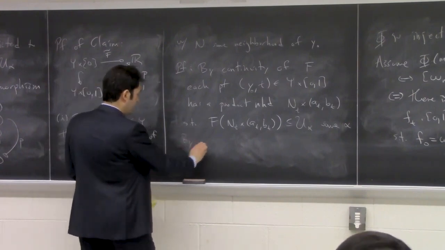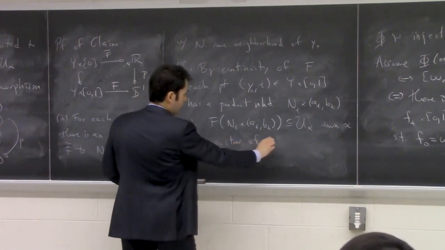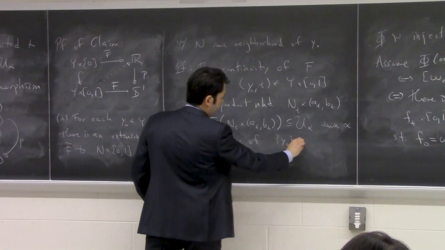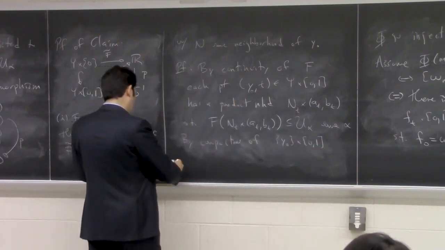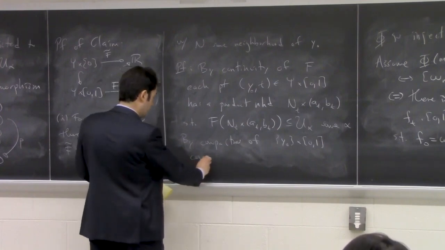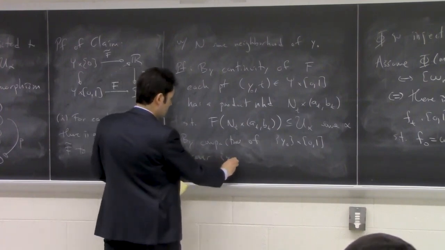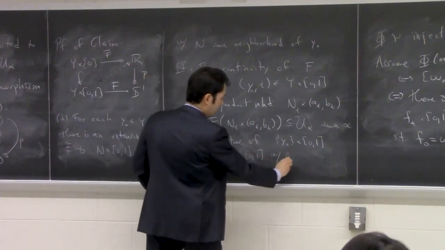Then use compactness of the interval to cover y naught across the interval with finitely many such sets.